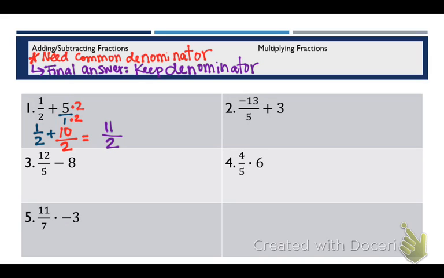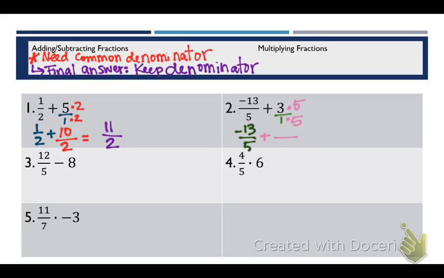The second, you have negative 13 over 5 plus 3. So 3 currently has a denominator of 1. What do I want both of them to have the denominator of? 5. So the first one already has that. The second one, what do I need to multiply both of them by? 5 and 5.